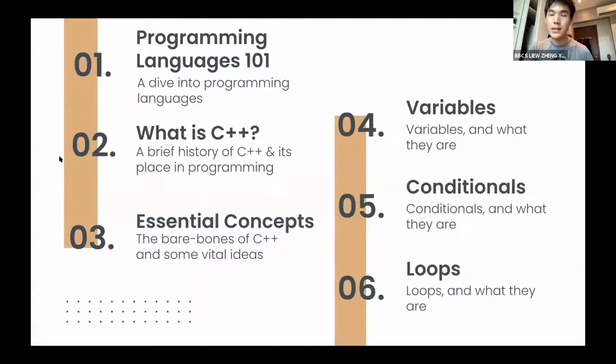All right, so let's quickly run through the contents of this workshop with who's doing what. I'll be covering the first half of this workshop with a basic guide into programming languages, some essential knowledge on C++, as well as a vital toolkit to some must-know C++ concepts. My section will be very, very theoretical, so you don't have to worry about coding anything yet.